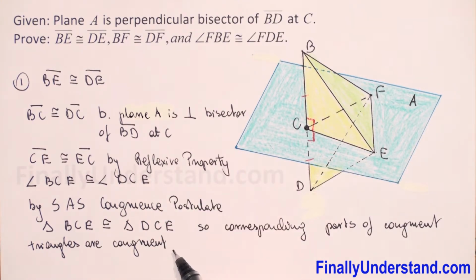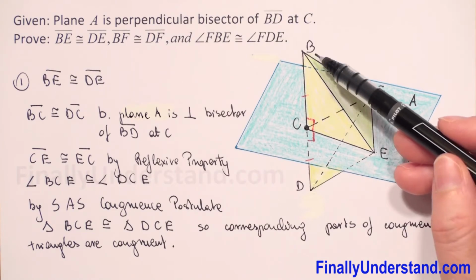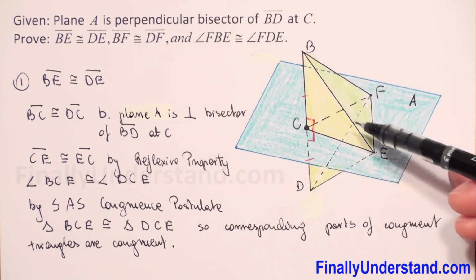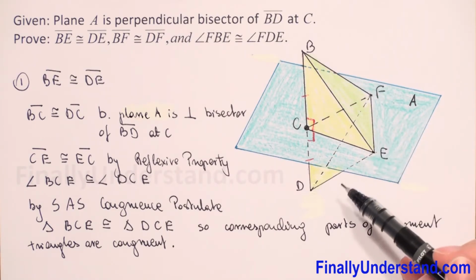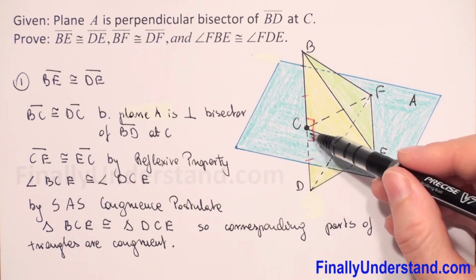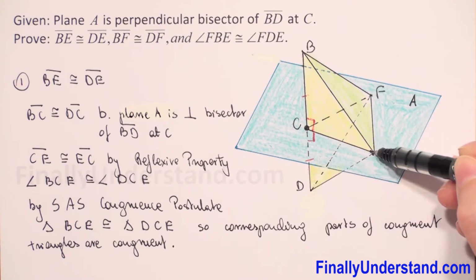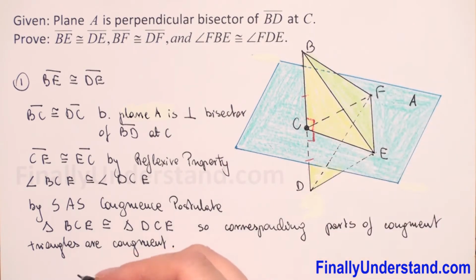It means that segment BE is congruent to segment DE, because this triangle is congruent to that triangle.